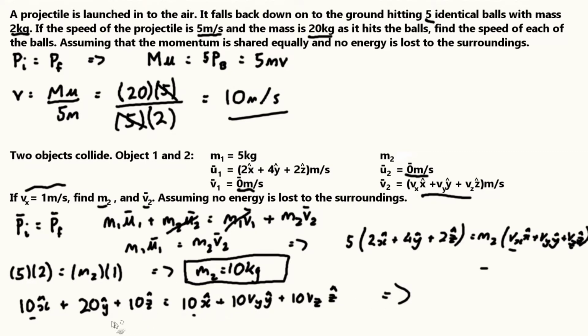By now comparing 20 y hat and 10 Vy y hat, you can see that for the two y hat components to be the same, Vy must equal 2 meters per second, and that for the z components to match up, 10 z hat must equal 10 Vz z hat, and so Vz must be 1 meter per second.